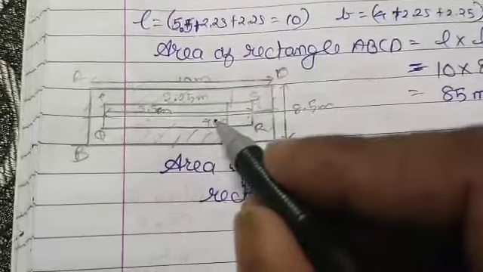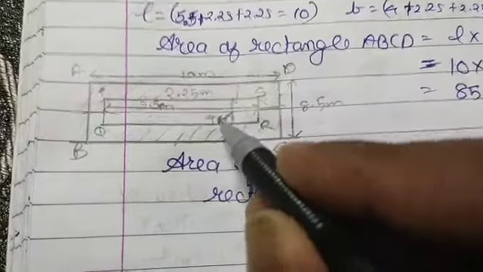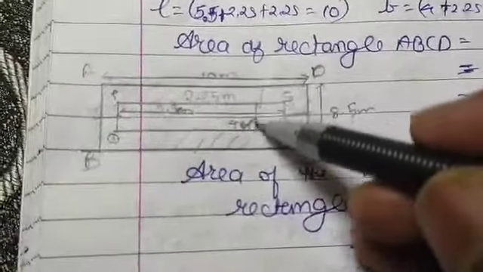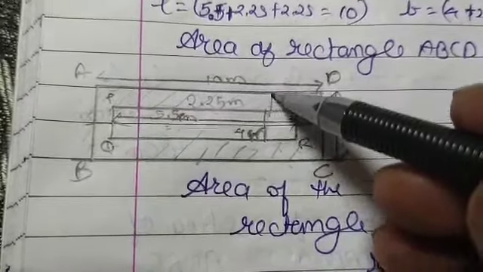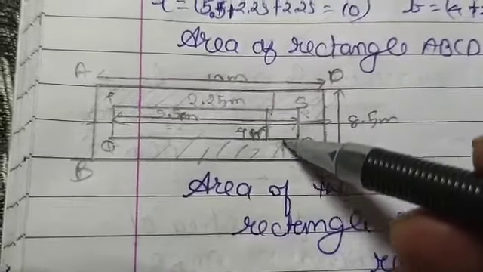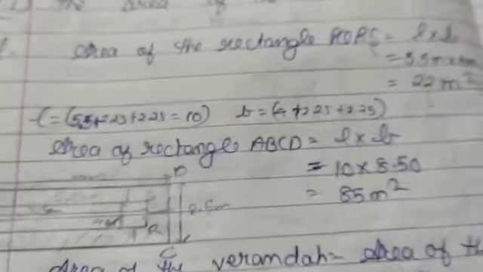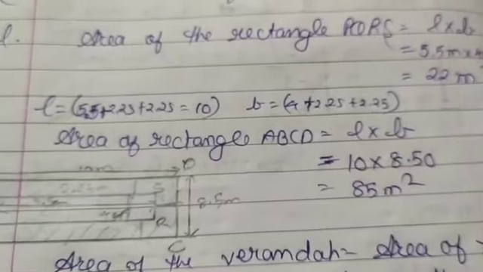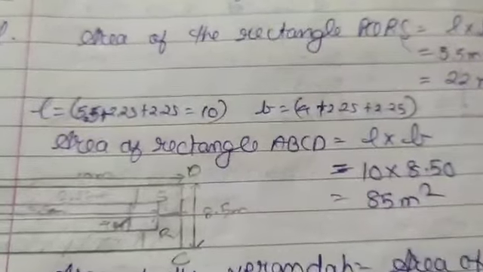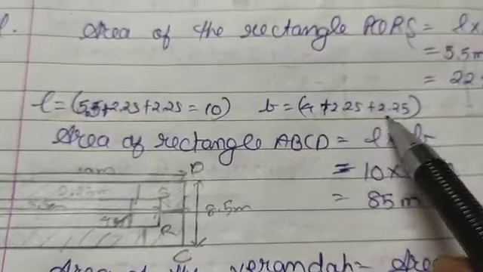Now the breadth of the room is 4 meter. In that also I will add 2.25 and 2.25 from both sides. So the breadth is 4 plus 2.25 plus 2.25.